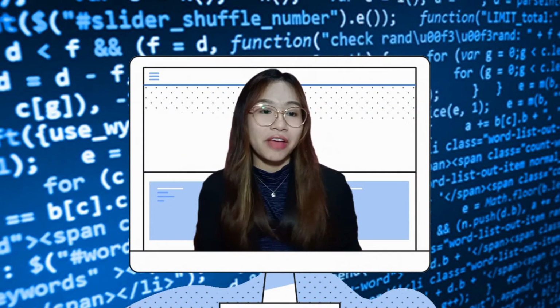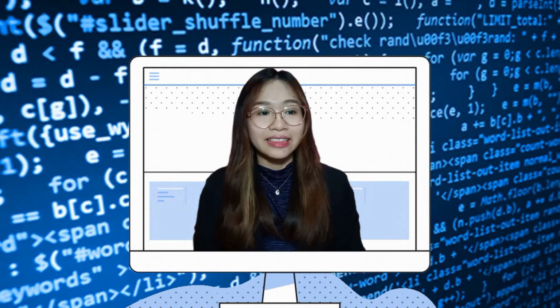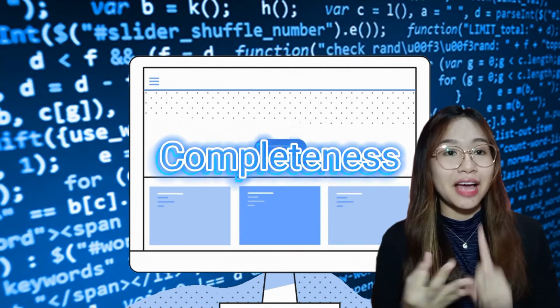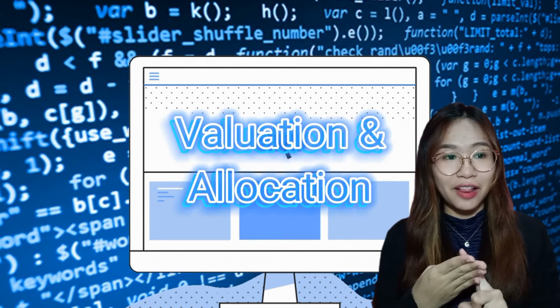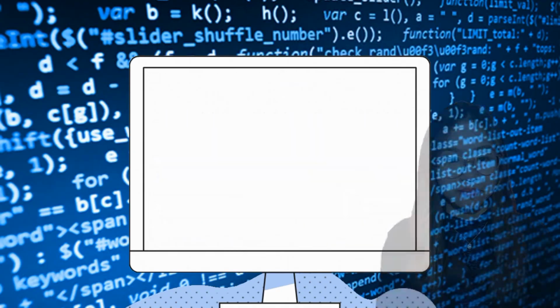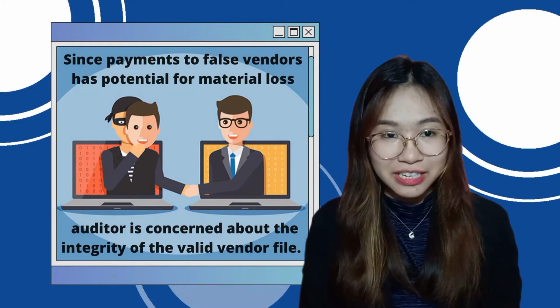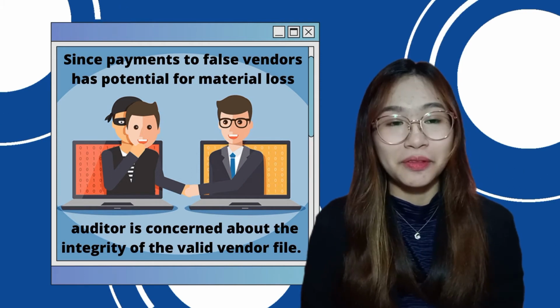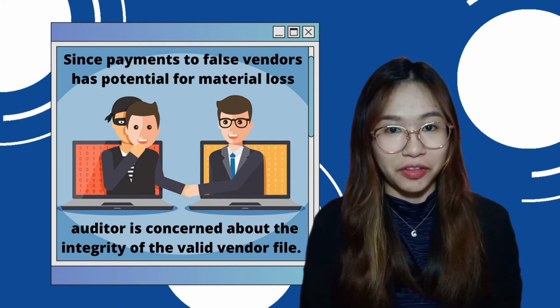Evidence gathered about the effectiveness of access controls tests the management assertions of existence, completeness, accuracy, valuation and allocation, rights and obligation, and presentation and disclosure. Since payments to false vendors have potential for material loss, the auditor is concerned about the integrity of the valid vendor file.